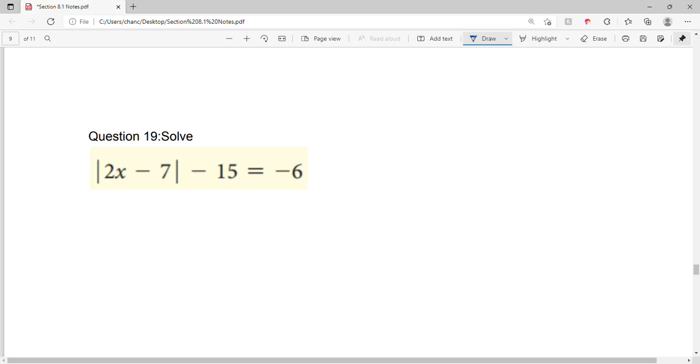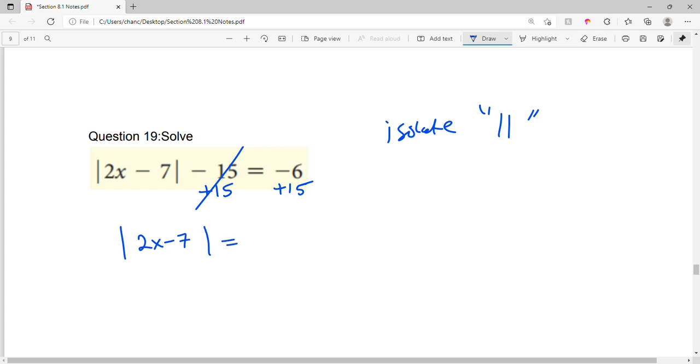Question 19, again, isolate that absolute value, get it by itself, then write two equations. So let's add the 15 to both sides. We have the absolute value of 2x minus 7 is equal to negative 6 plus 15, that's a positive 9.